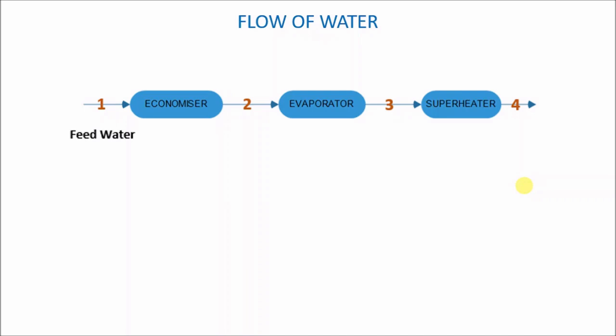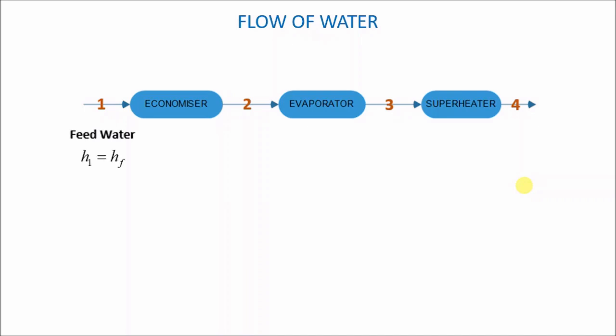It's called feed water, the water getting into the economizer, and that water is already at a certain temperature, and because the water is at a certain temperature, it will have heat contained in it.